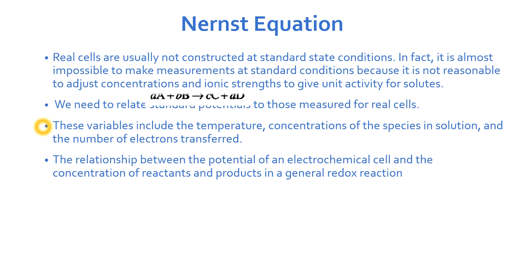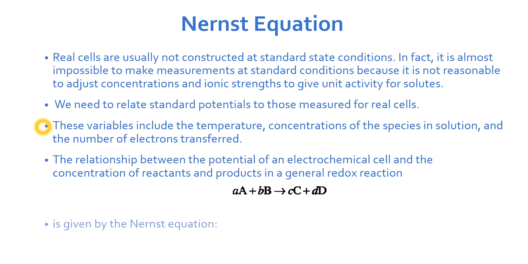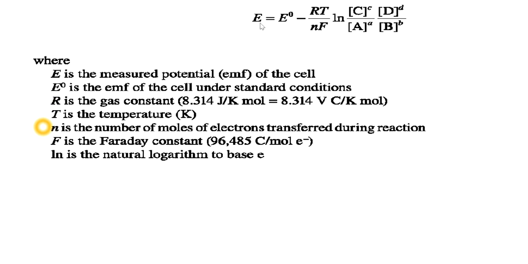For a reaction with reactants A and B and C and D as the products, the Nernst equation will tell you how to write this. The potential of a cell is equal to the standard potential minus RT over nF, where R is the gas constant, T is the temperature, n is the number of electrons transferred, and F is the Faraday constant, times the natural log of the concentration of products divided by the concentration of reactants.